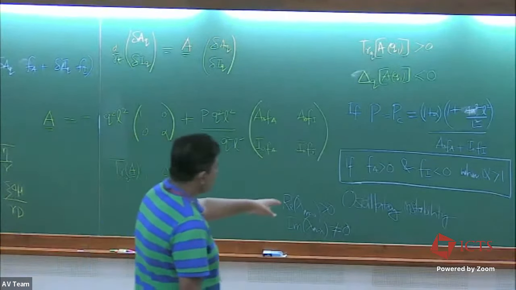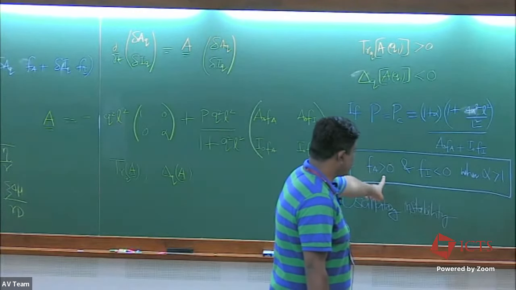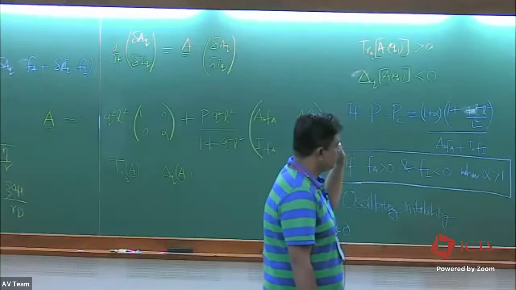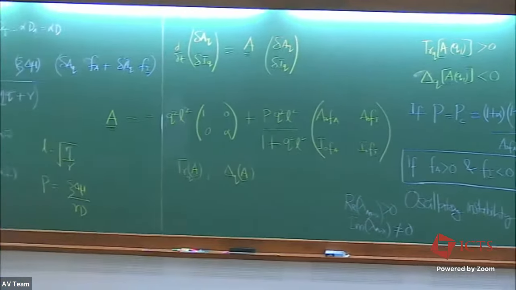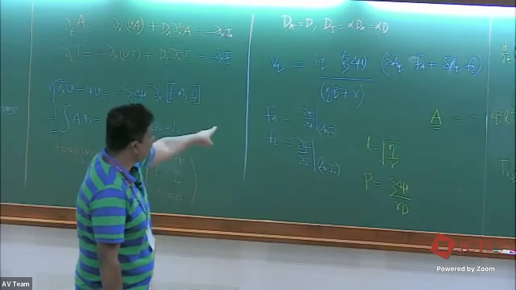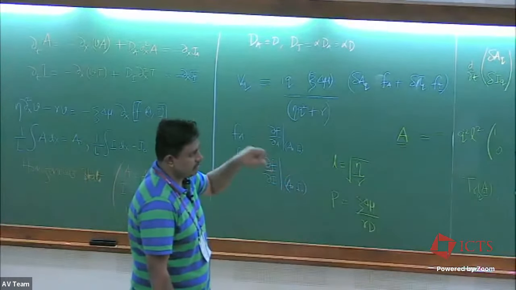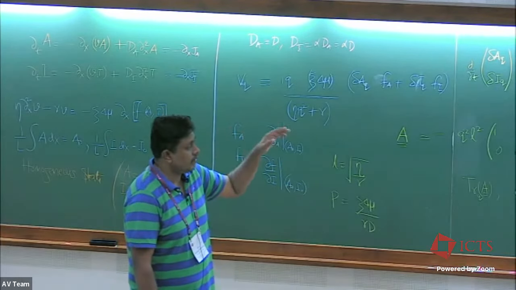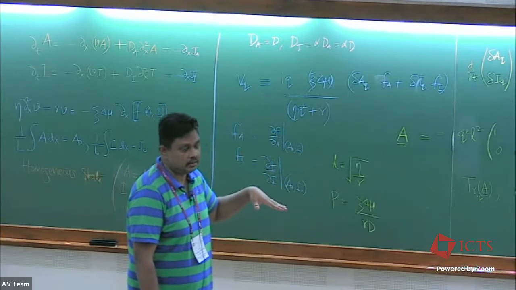And you also said if the derivative Fa of f is positive and the derivative Fi of f is negative. What does that mean? Well, you're saying both A and I regulate the active stress, and Fa and Fi are the derivatives of the function f at the fixed point. So if Fa is positive, it means that A increases the stress, and if Fi is negative, it means I reduces the stress.